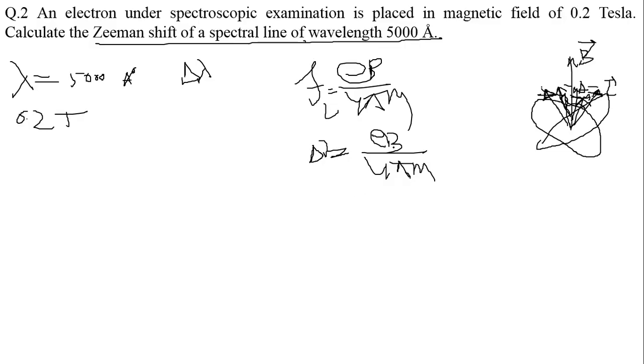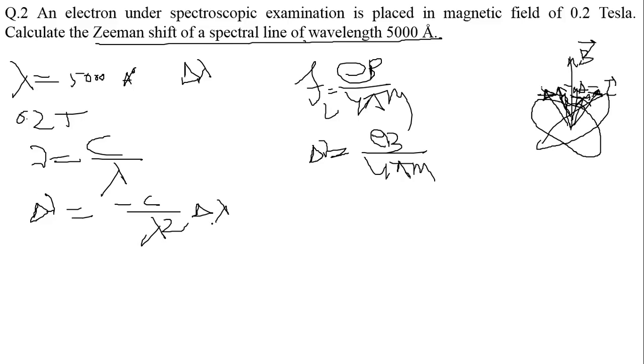So the change in frequency will be delta nu equals eB by 4 pi m, and we know that frequency equals velocity by wavelength. If we take its derivative, then delta frequency will be minus c by lambda square into delta lambda.